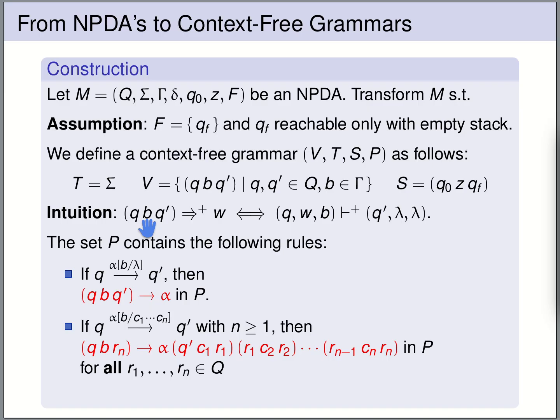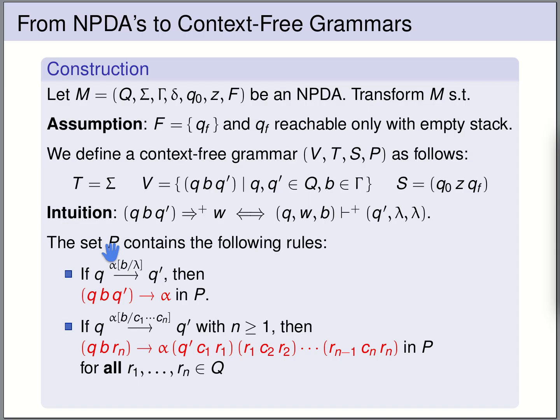Now, what are the rules of our grammar? The rules are defined as follows. Whenever we have a transition in our automaton from a state q to q' with input alpha, so alpha can be an input letter or lambda, and this transition removes a stack symbol b from the stack, then we add in the grammar a rule from the variable qbq'. We can rewrite this variable to alpha.